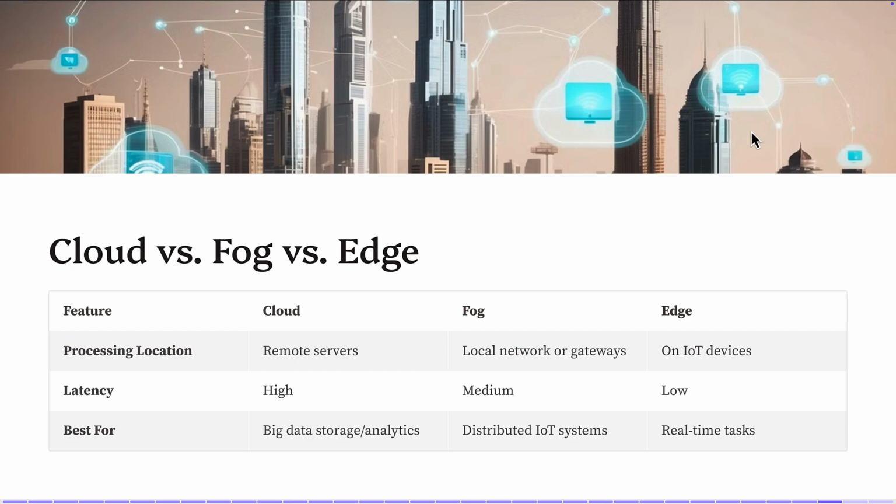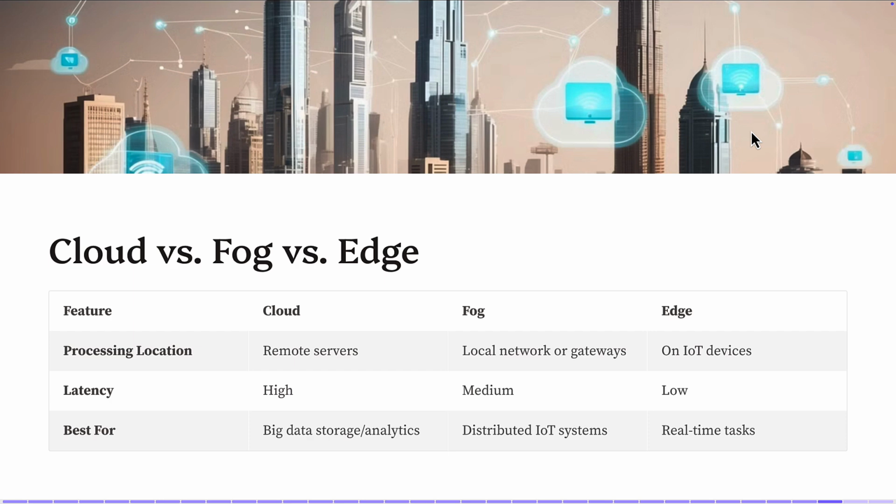The edge is attached to the IoT devices and between the central cloud. That's from the location perspective. The latency here is high because usually it's a central repository. The latency here is medium because it's at a regional level. And here you usually have a physical connection between the sensor and the edge device. So you have low latency.